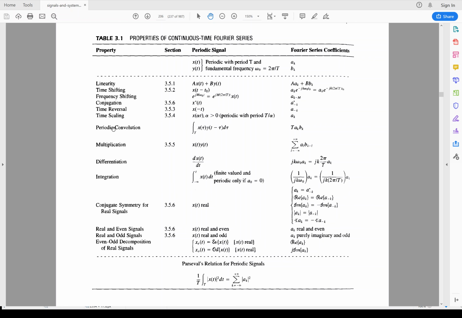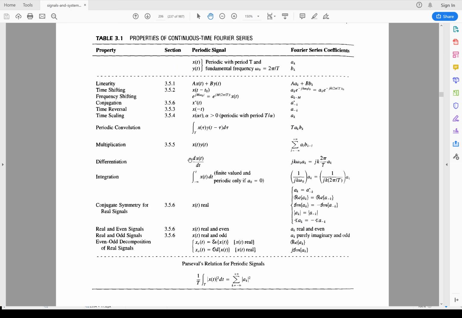I want to point out another dual property, right? Frequency shifting and time shifting were dual properties, as is multiplication and convolution. In the previous video, we saw that multiplying x of t with y of t had Fourier series coefficients that convolved. And the dual to that is that convolution in time is multiplication in Fourier series, or in the frequency domain.